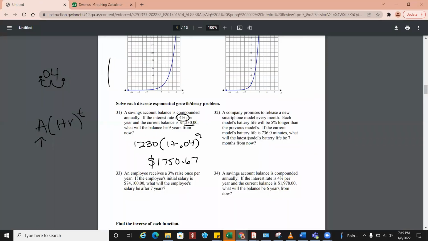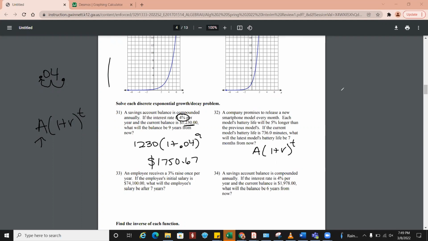On this next one, you are still going to use A times (1 plus r) raised to the t power. I think somebody asked later in the chat box how you know the difference between simple compound interest and compounded monthly and that kind of thing.